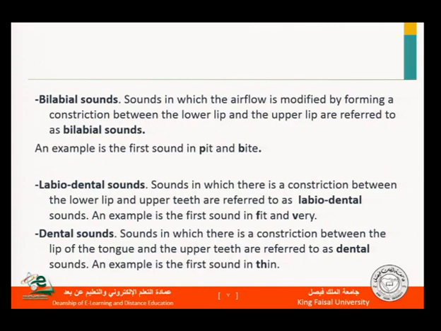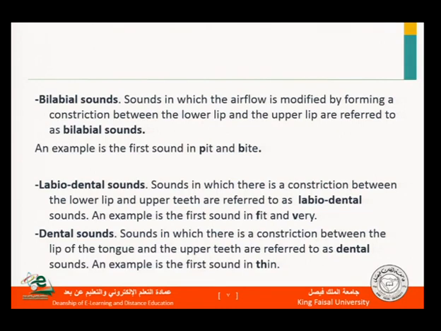An example is the first sound in the two words "pet" or "bite". So the first two sounds made at the place of articulation which is bilabial, in other words made by my two lips, are the P and the B, as in the examples mentioned here.